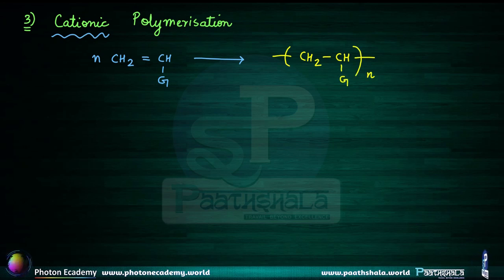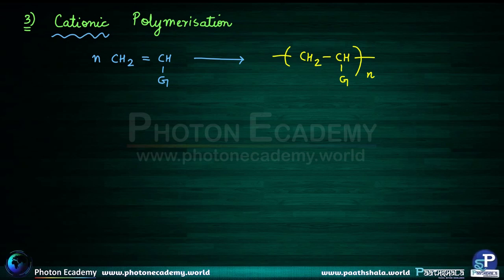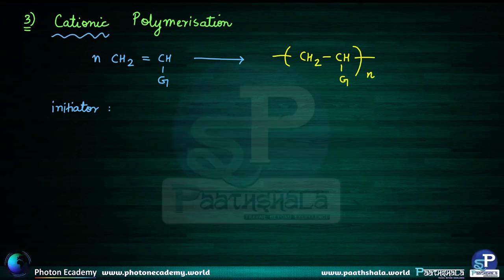Now, to proceed with this, the initiator actually is an H positive, that is a proton. In the previous two cases, they have initiators like peroxide and butyl lithium, but in this, we have the initiator as an H positive ion.